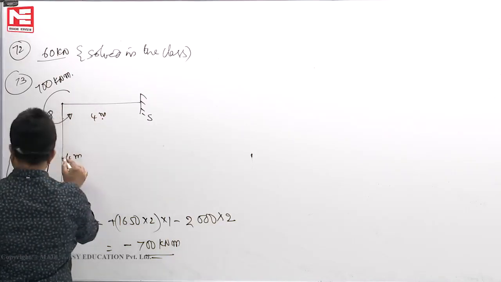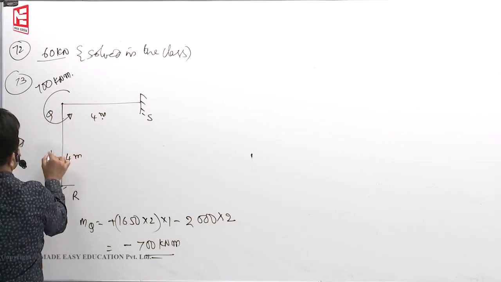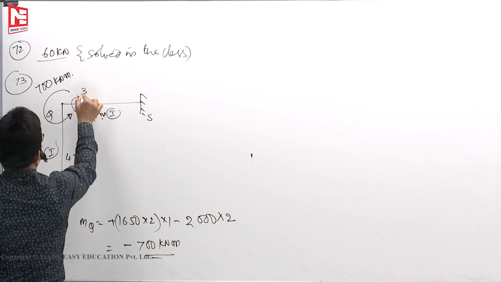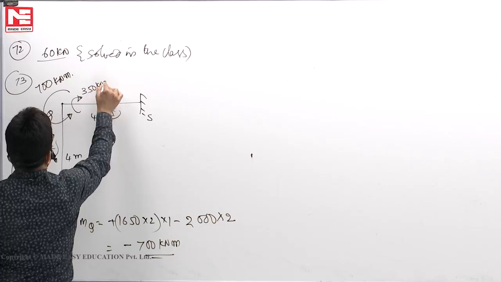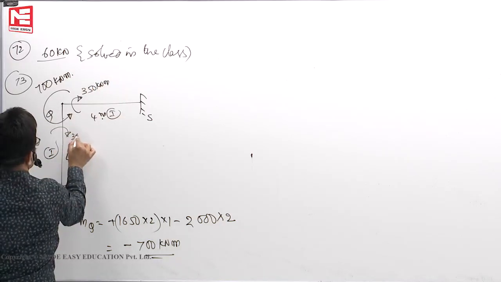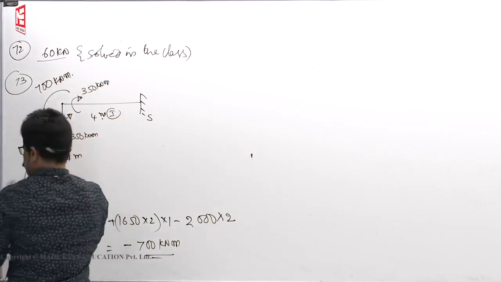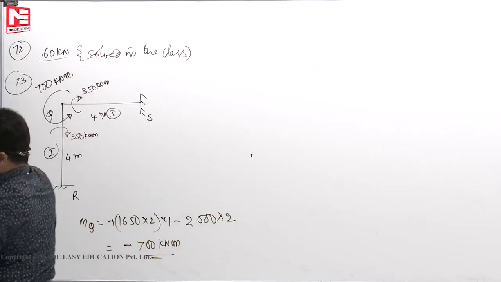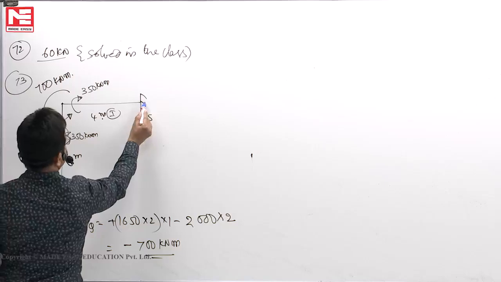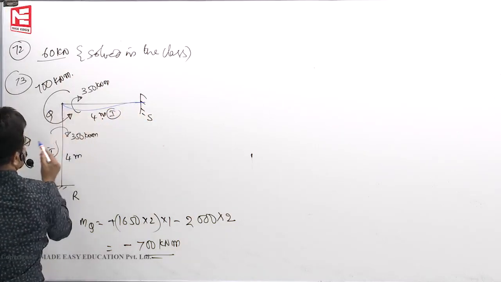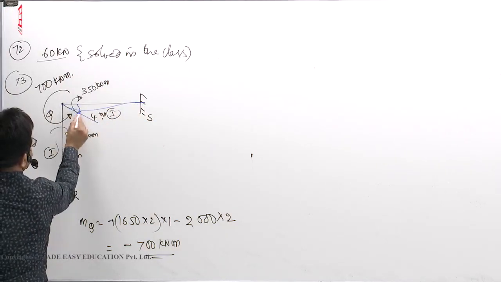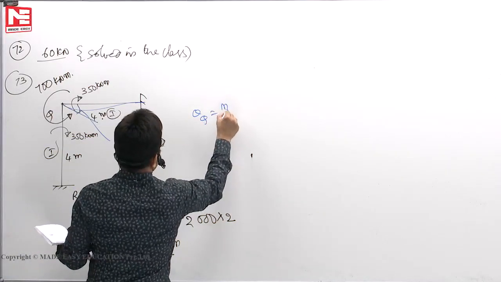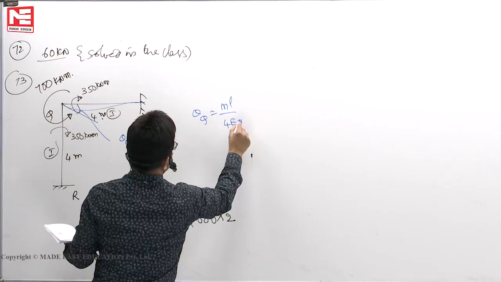For I, EI value is given. So I value, out of 400, it will take only 350. This also takes 350. When far end is fixed, how the rotation will be? Like this. He is asking rotation at Q, theta Q. When far end is fixed, we know the formula ML by 4EI.